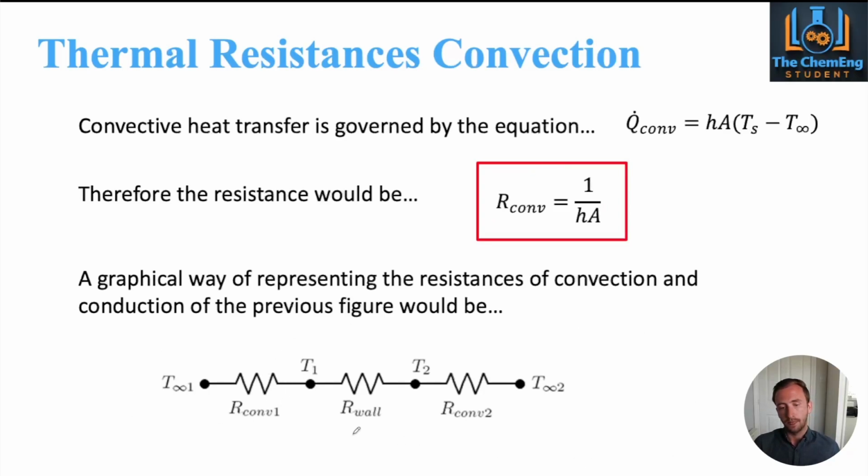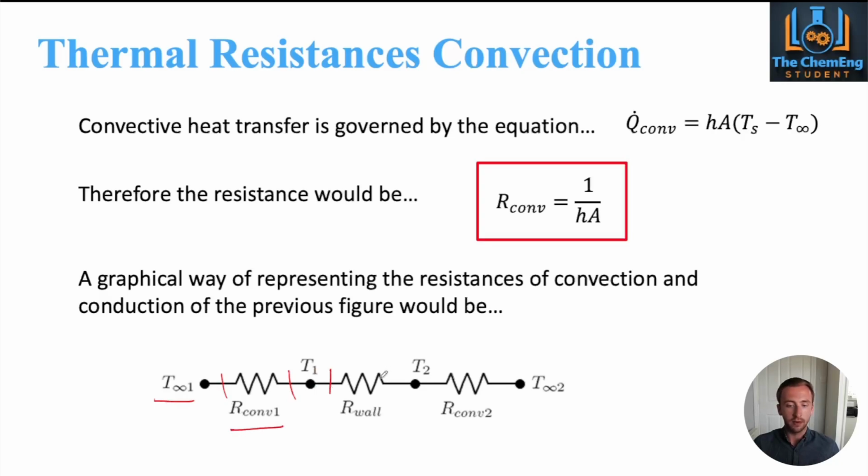A graphical way that we most often use to express thermal resistances is something like this. The way we would read this is we have our infinite temperature T-infinity 1, say the temperature of the fluid at the left-hand side. We would have a resistance, that's what these diagonal lines are. That tells us we have a thermal resistance, and it's convection from the infinite temperature to the surface temperature, T1.